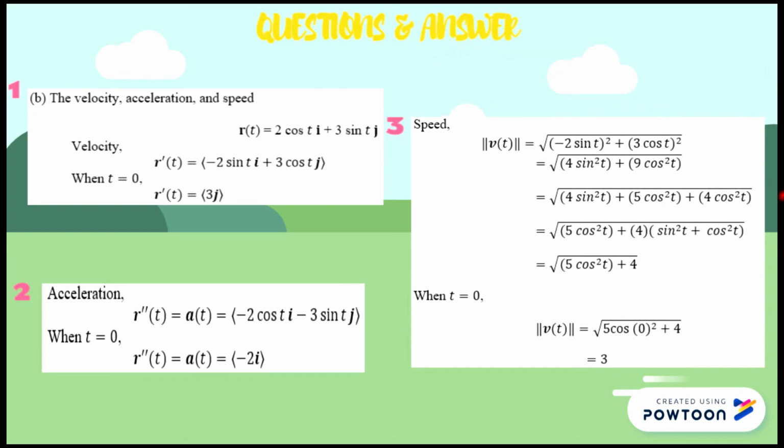When t equal to 0, it will be 3j. Next, we need to find the acceleration. For the acceleration, we need to differentiate again, which is the second derivative, and when t equal to 0, it will be negative 2i.